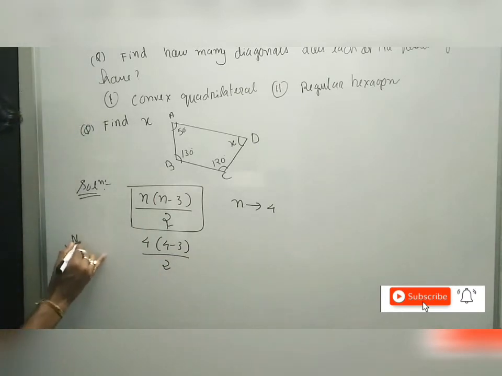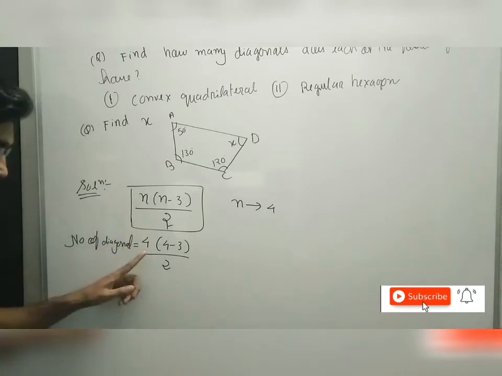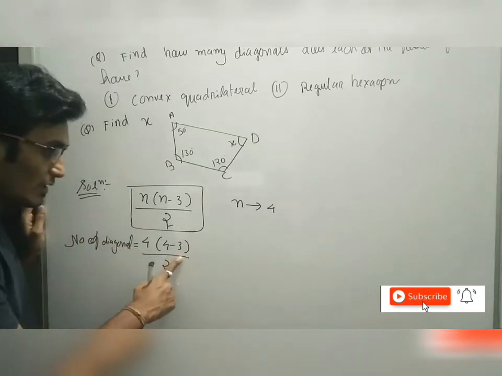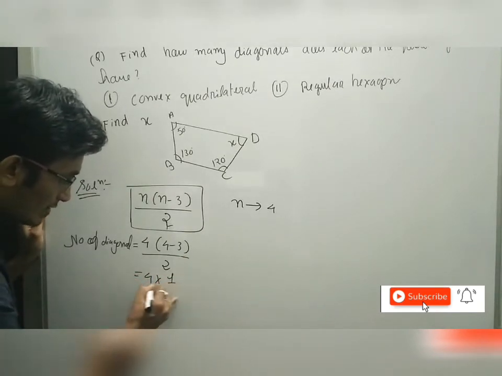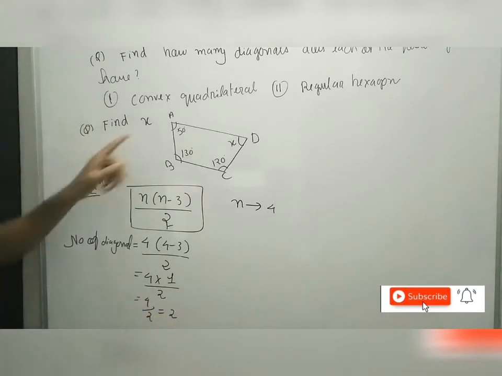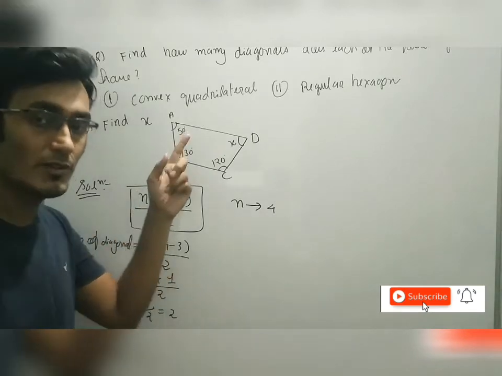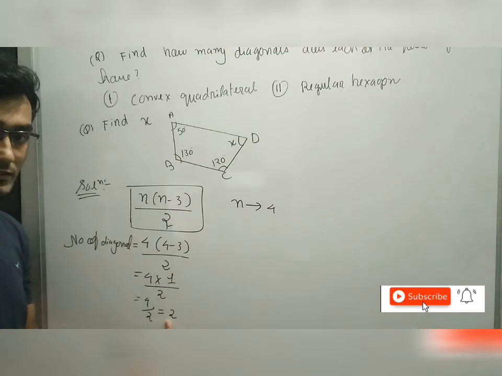So the number of diagonals should be 4 into (4 minus 3) divided by 2. 4 into 4 minus 3 means 1, so 4 divided by 2, the answer is 2. That means a convex quadrilateral has 2 diagonals.